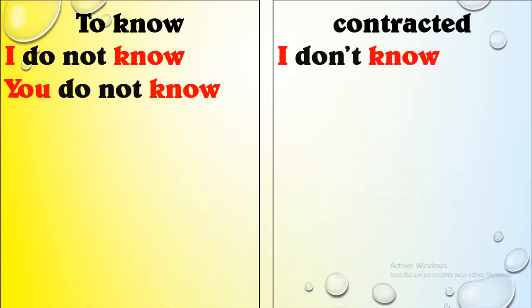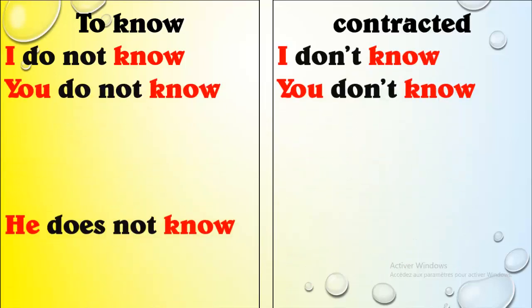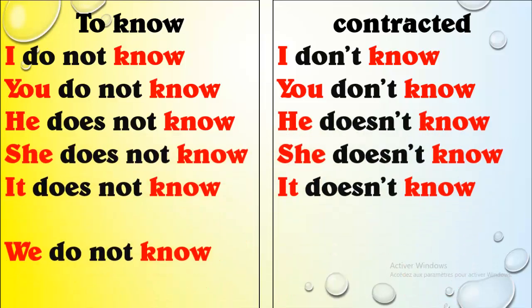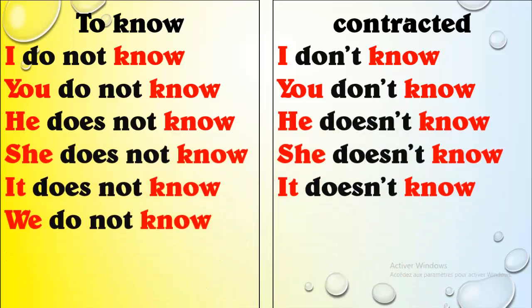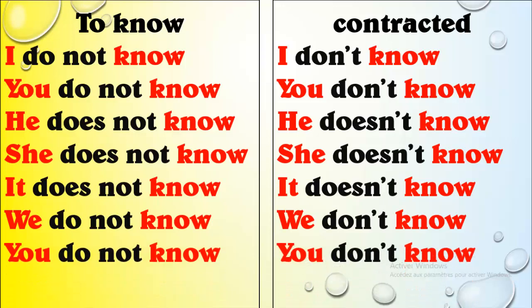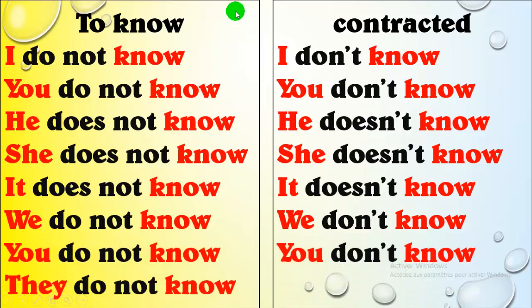I don't know. You do not know. He does not know. She does not know. It does not know. We do not know. You do not know and they do not know. So we need do not or does not plus base form. Be careful, don't put S here. The S has already been taken by to do.